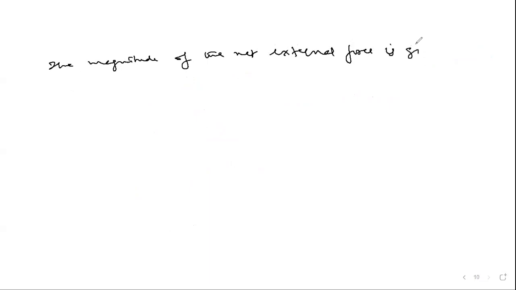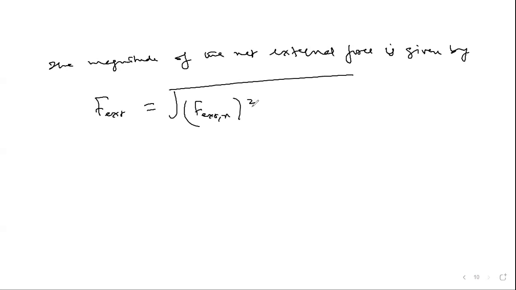Now the magnitude of the net external force is given by F external is equal to under root F external x square plus F external y square. Whole thing is in the root.